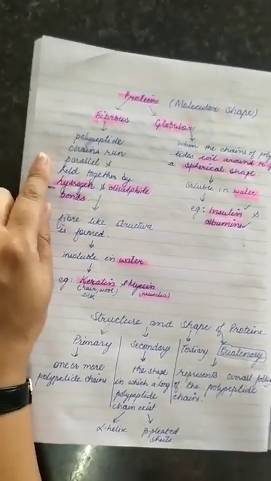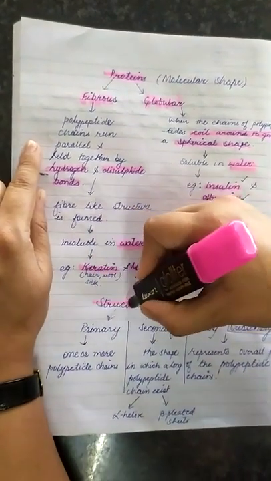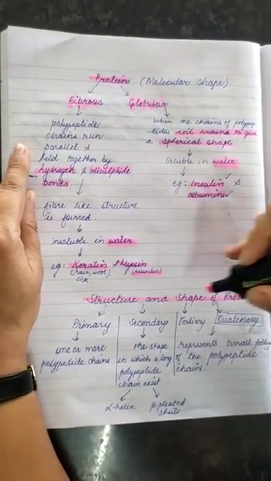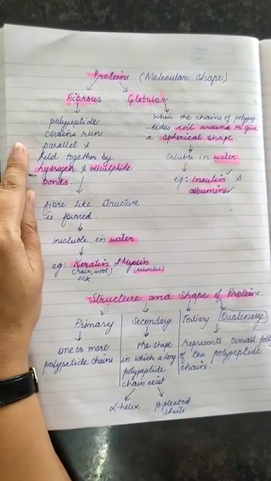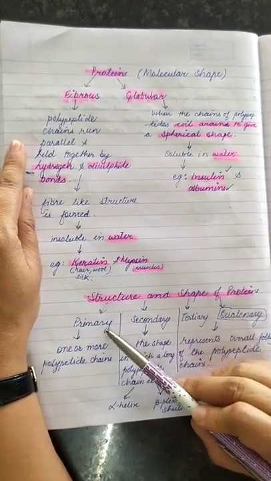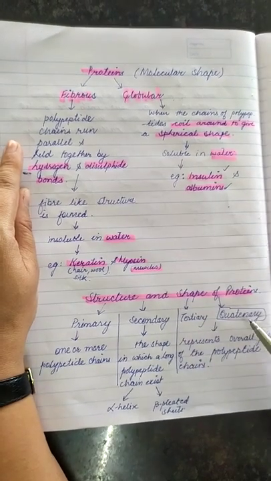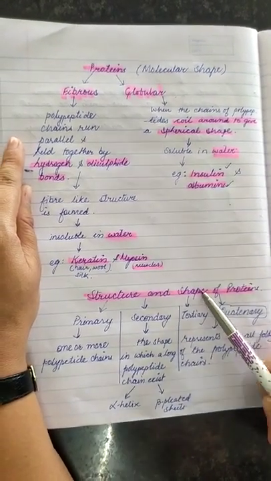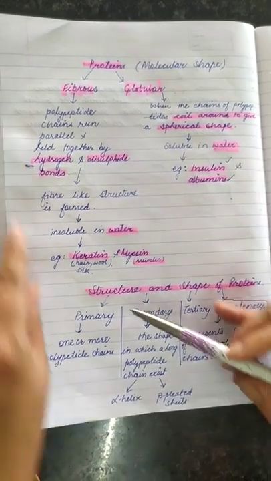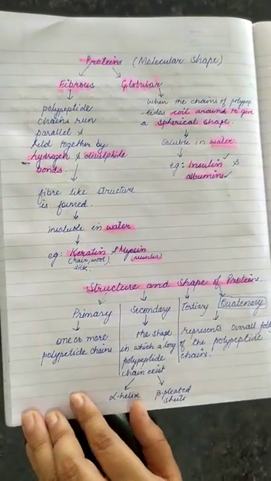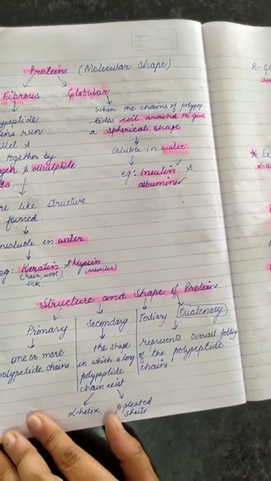The next one which is coming up is now the structure and shape of proteins. They are primary, secondary, tertiary and quaternary. Shape of the proteins are primary, secondary, tertiary and quaternary. Listen to me very carefully, which is very important, you need to understand.